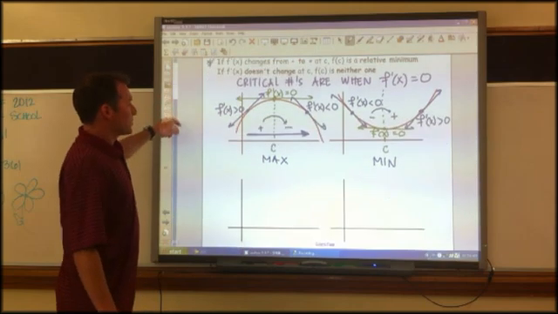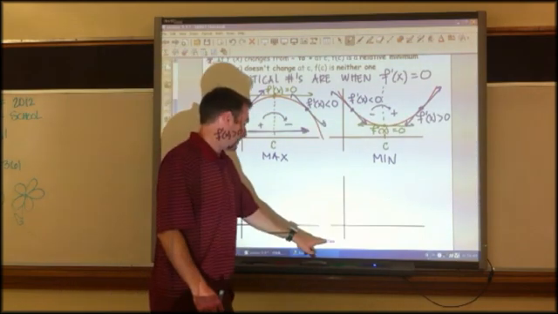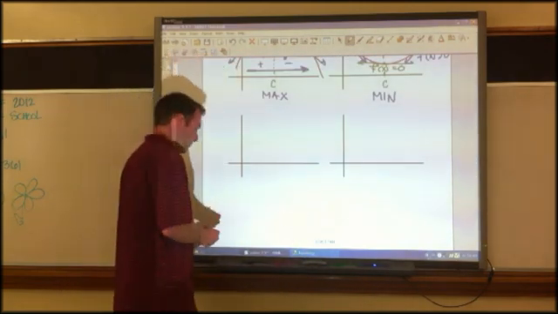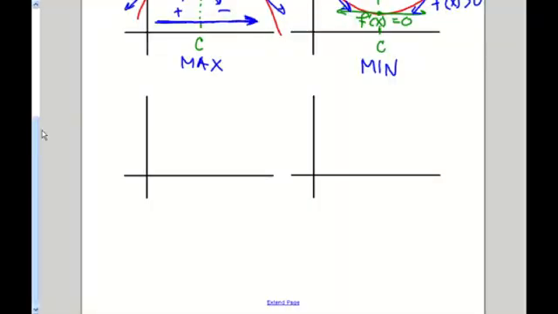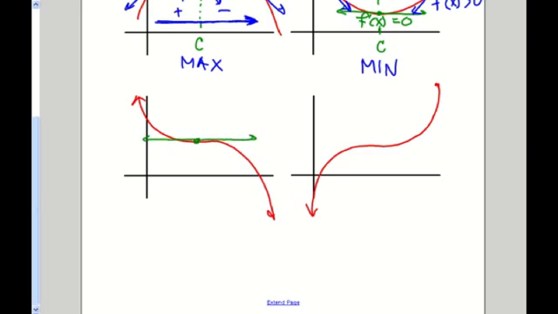If it doesn't change, we'll look at just two different drawings of where it wouldn't change. If I've got a graph like this, or a graph like this, in both of these, I do have a point where the derivative is 0, right? I have a critical number. Same thing here. Tangent line in here.